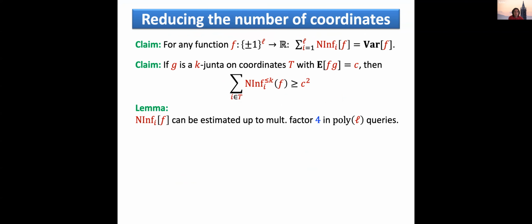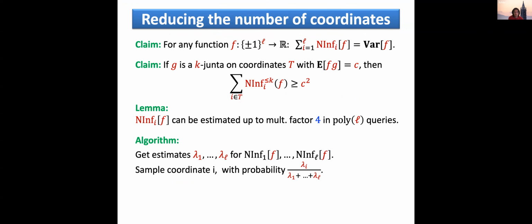Okay, so here's how we're going to reduce the number of coordinates we have to consider. We're going to estimate all of the normalized influences for all of the coordinates we have oracles to, and we'll sample coordinate I according to its normalized influence.